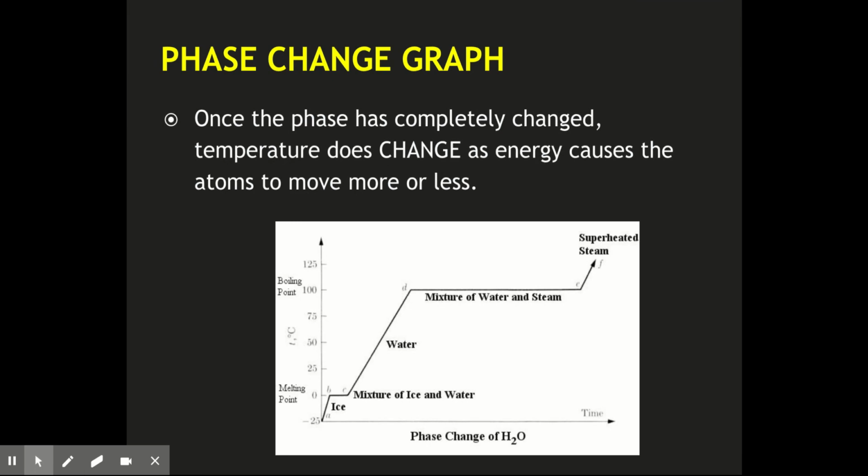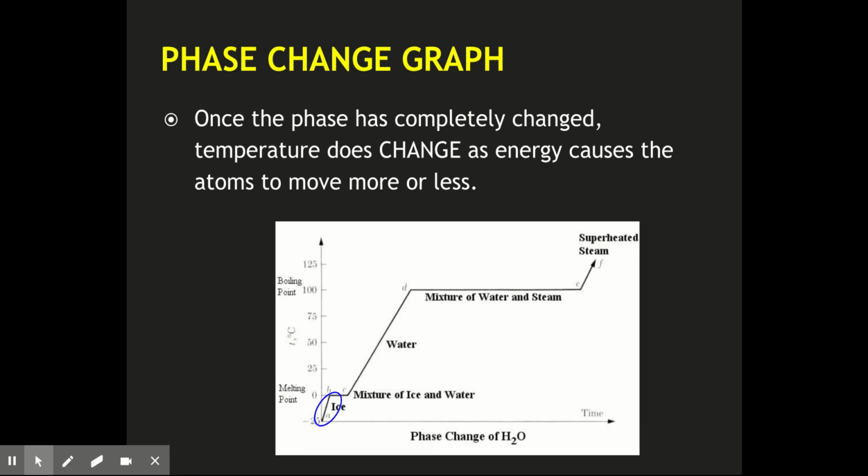And when we cool it down, when we take that energy away, we have condensation. So once the phase has completely changed, temperature does change, as energy will cause the atoms to move more or less. So we have our ice down here at the bottom, and we have an increase in energy over time, or increase in heat over time.